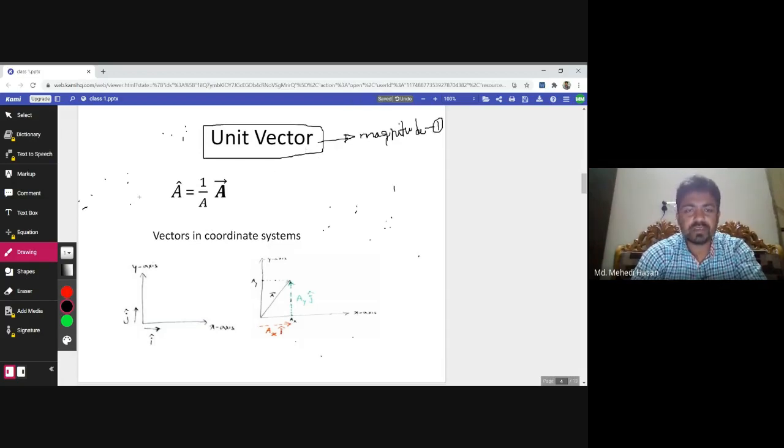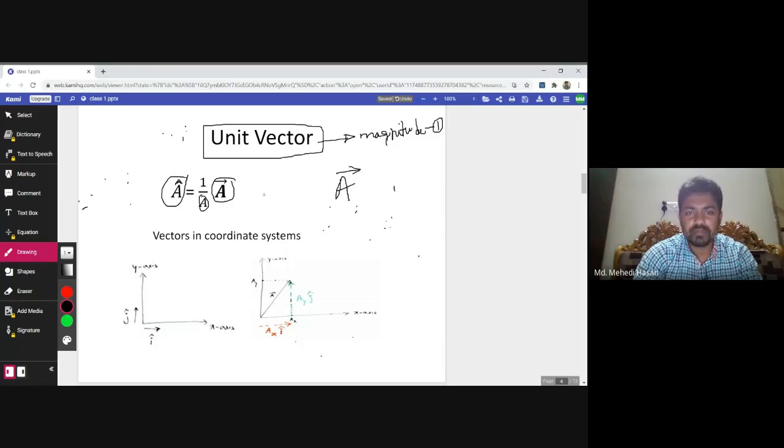So magnitude is 1. We can also find the unit vector of a particular vector. Say vector A is given. The unit vector of this vector A is written as A cap, which is equal to vector A divided by the magnitude of vector A. So a vector divided by its magnitude gives the unit vector of that vector.